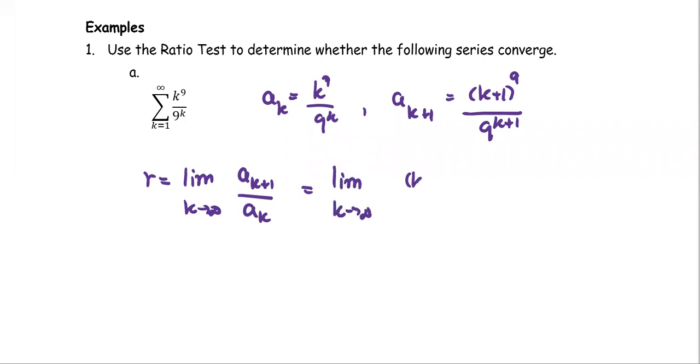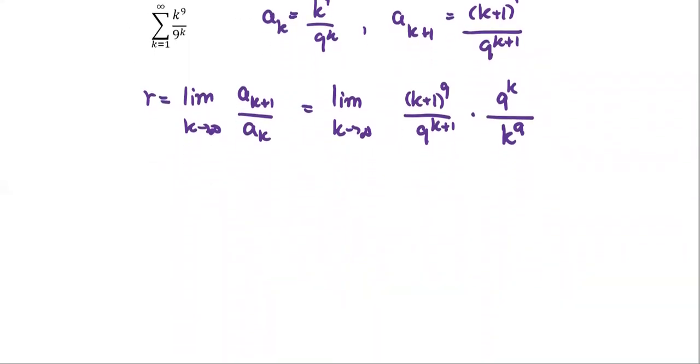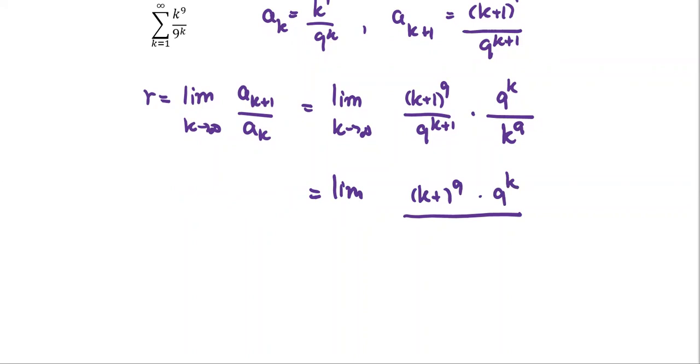a_{k+1} divided by a_k is the same as multiplied by the reciprocal of a_k, or multiplied by 9 to the power k over k to the power 9. Simplify the expression as (k plus 1) to the power 9 multiplied by 9 to the power k, divided by 9 to the k plus 1, which is the same as 9 to the k times 9 to the first, and then multiplied by k to the power 9.